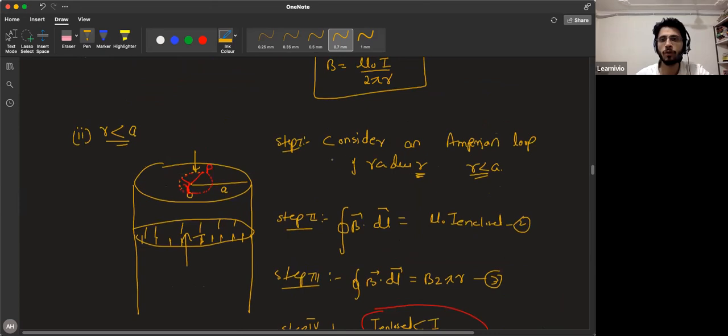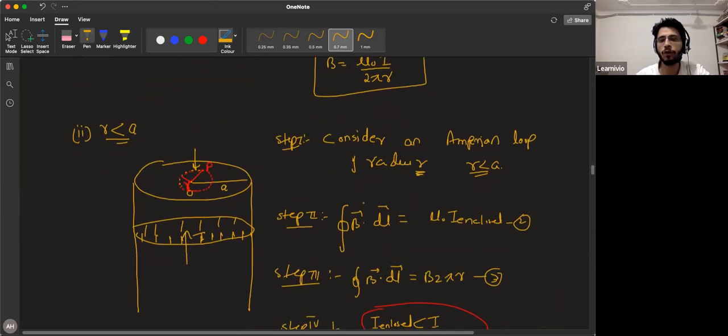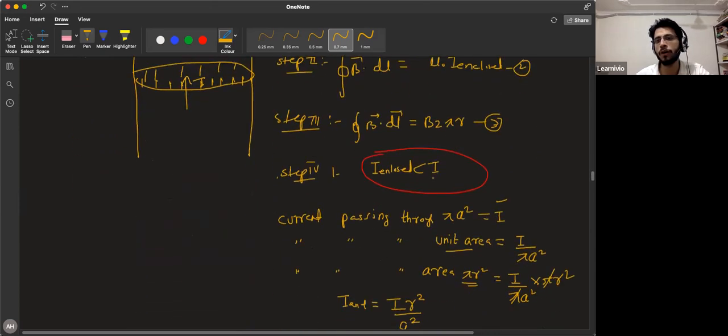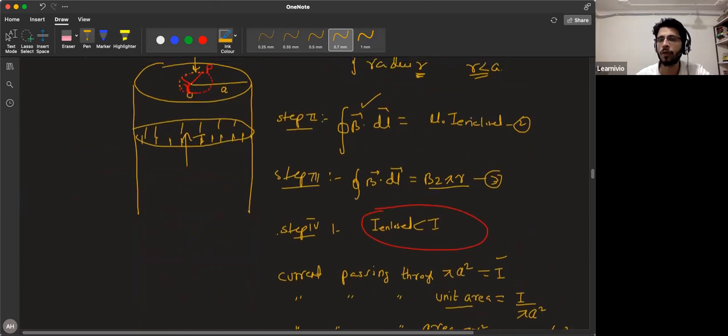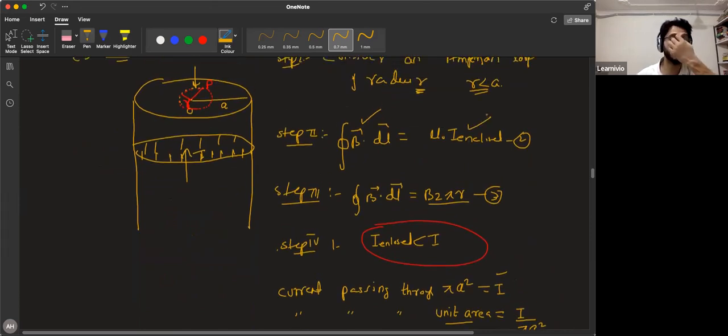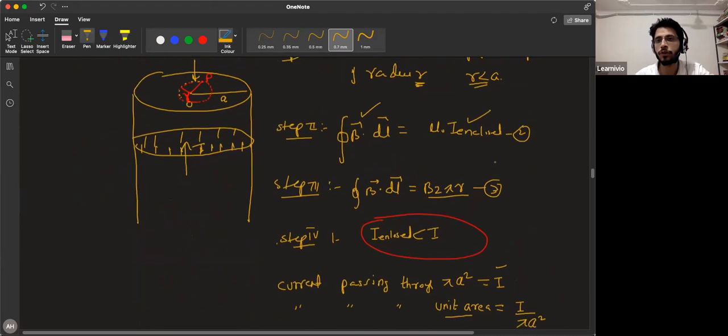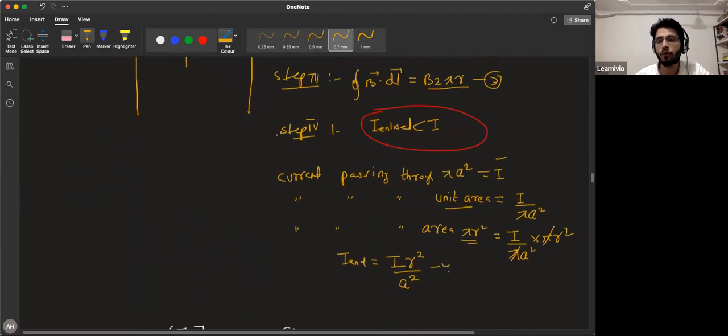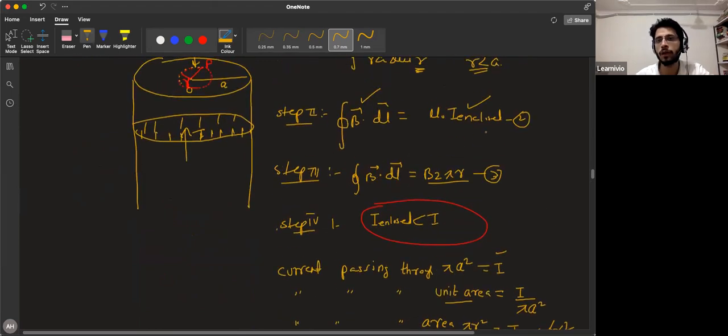So what we can do is we can just substitute all values. We can substitute the value of B dot dl, which is B into 2 pi r. We can substitute the value of I enclosed. So let's substitute 3 and 4 in equation number 2.